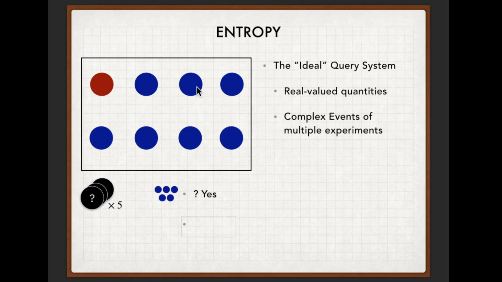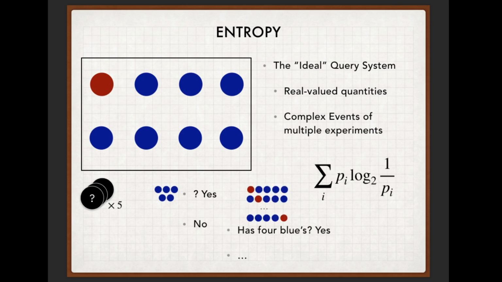For example, in this system, we might do 5 experiments altogether, and the first question is: are the outcomes of the 5 experiments all blue? And if not, maybe the second question is: does the set have 4 blues, which summarizes different outcomes, say red, blue, blue, blue, blue, blue, red, blue, blue, blue, and so on and so forth.